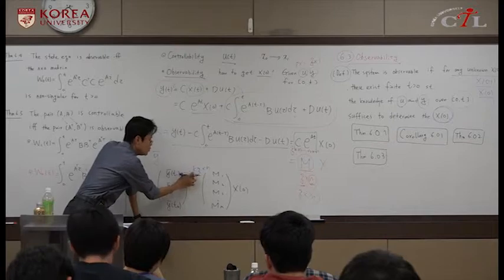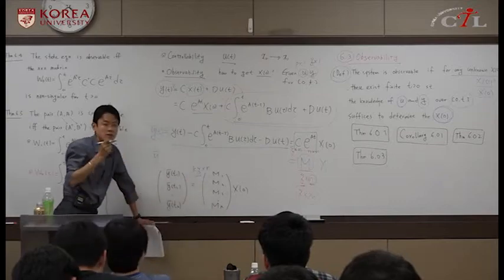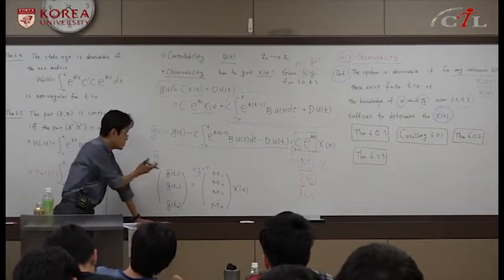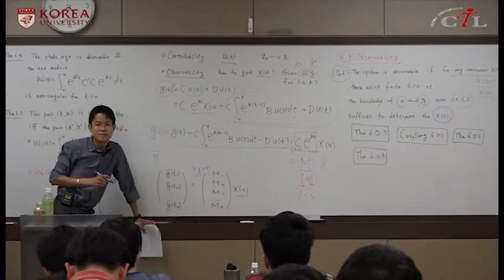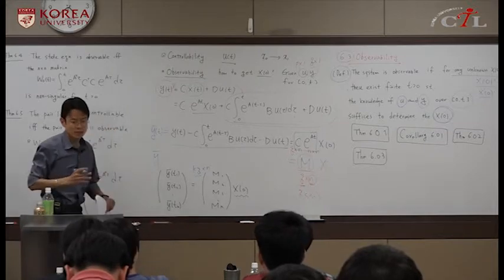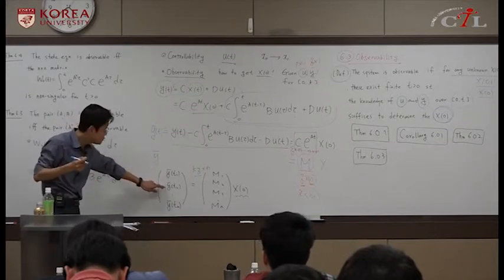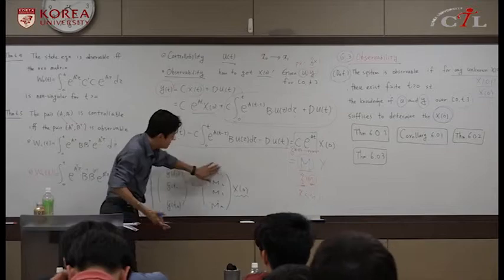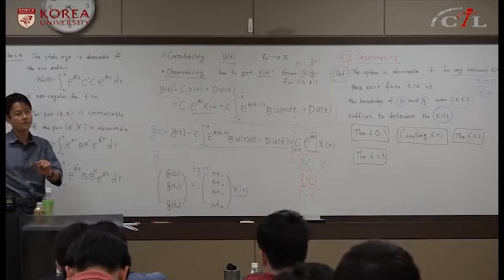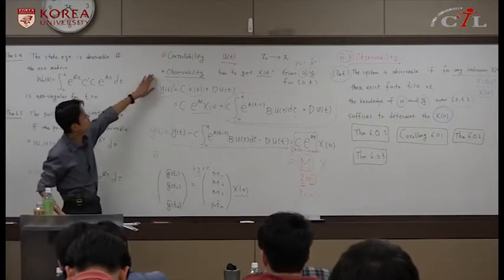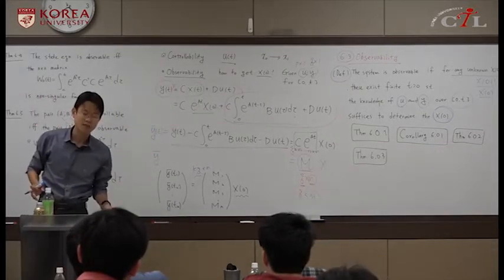So we have k more measurements as time goes on. Then possibly its rank can be full because of this accumulation, and we might be able to determine x naught. So when you calculate x naught, not only for a specific time being, but also accumulate them as time goes on and make the matrix full rank, then get it. Okay? That's the one difference between controllability and observability. Other issues are basically the same.